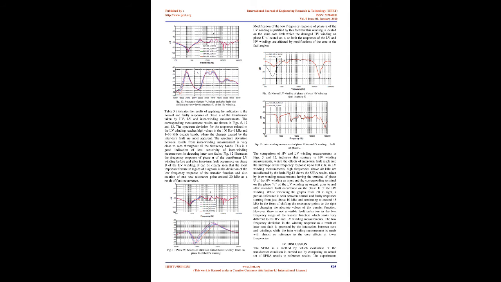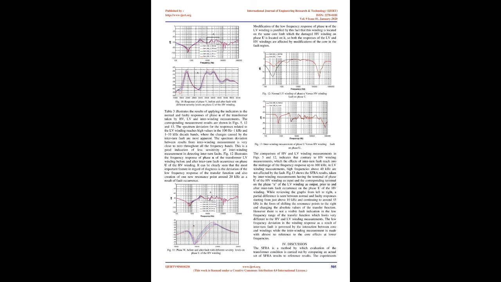Fig 12 illustrates the frequency response of phase U of the transformer LV winding before and after interturn fault occurrence on phase U of the HV winding. It can be clearly seen that the most important feature in regard of diagnosis is the deviation of the low frequency response of the transfer function and also creation of one new resonance point around 20 kHz as a result of fault occurrence.